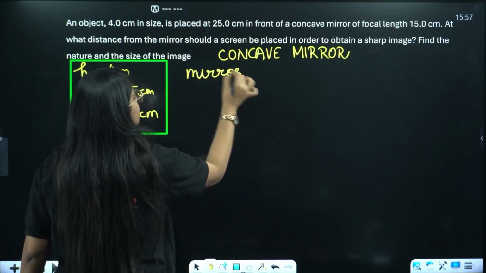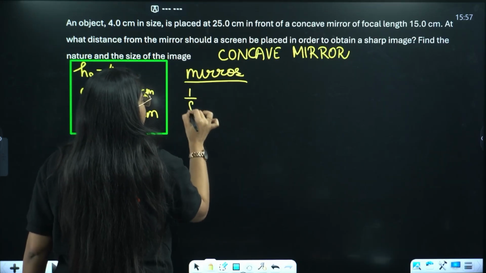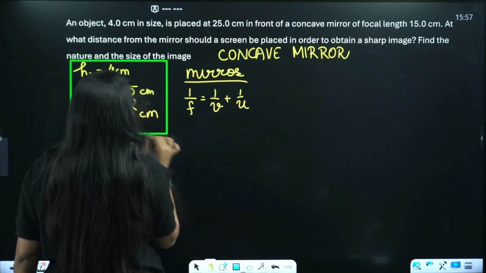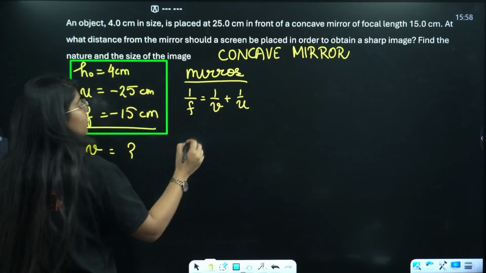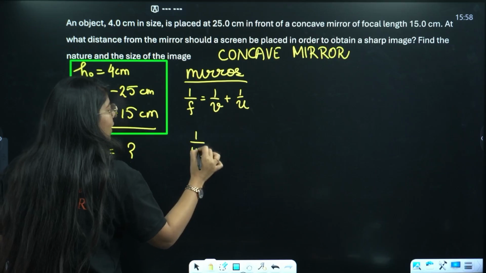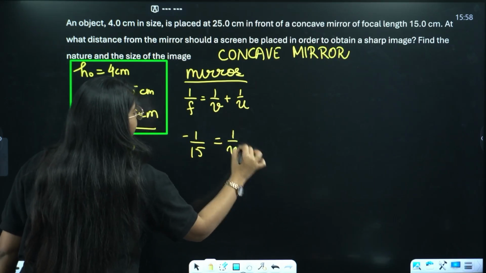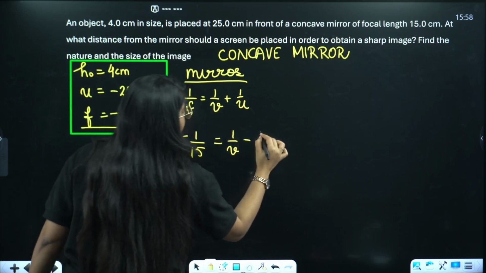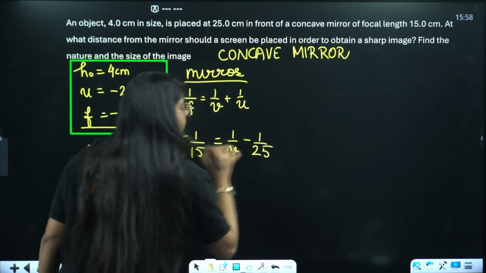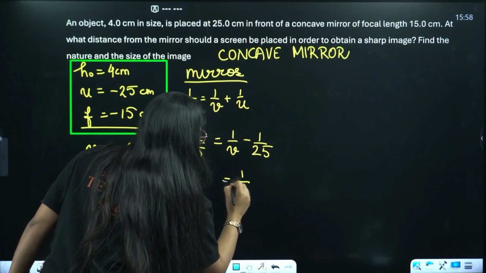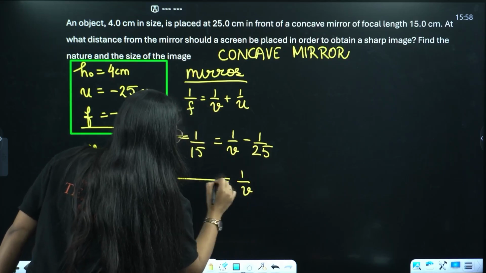Mirror formula says 1 by f equals 1 by v plus 1 by u. Very easy. 1 by f is minus 1 by 15. So minus 1 by 15 equals 1 by v, which we have to find, minus 1 by 25. Understood? Now you just have to solve the math.